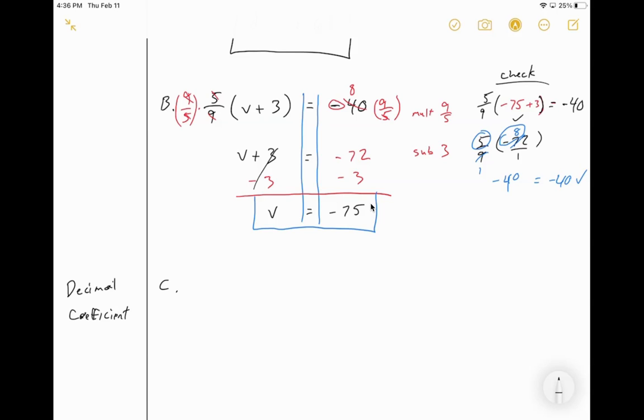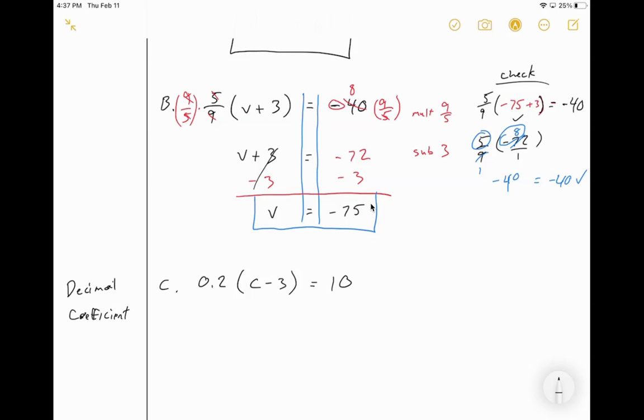All right, 0.2 parentheses C minus 3 is equal to 10. All right, we got a decimal out in front now. Oh, those seem to be a little bit troublesome. Well, again, they're not that bad. We can definitely take care of these. So how are we going to do that?